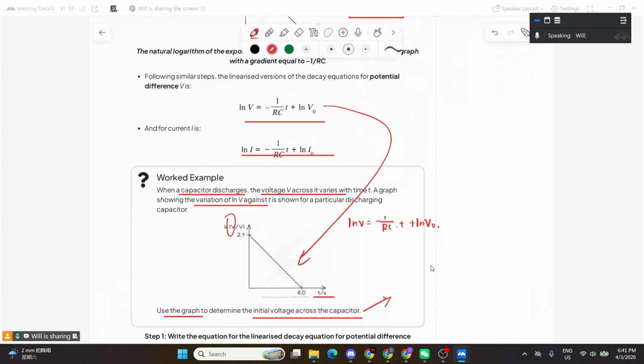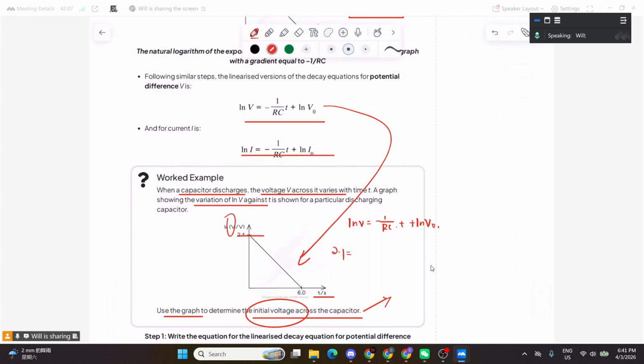So how do we use the graph to find the initial voltage, not the time constant? Find the intercept. The intercept value is 2.1, right?